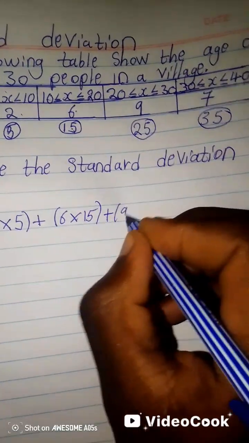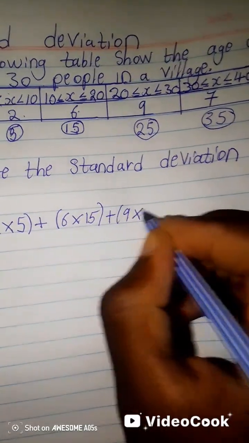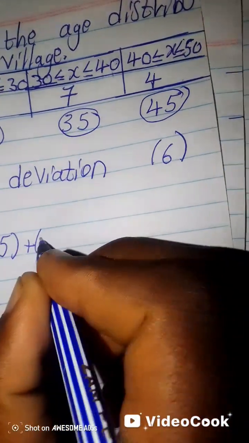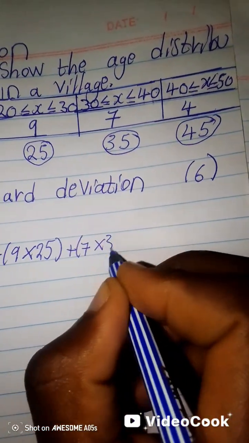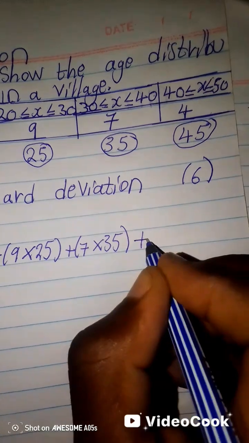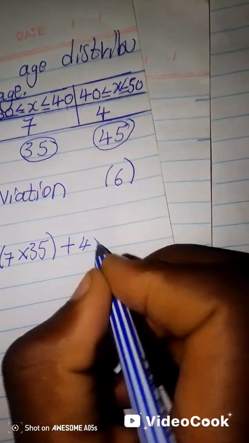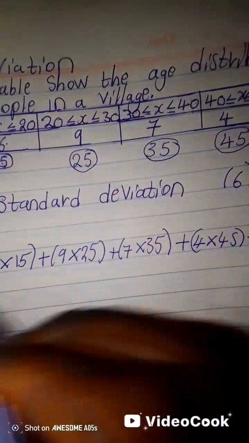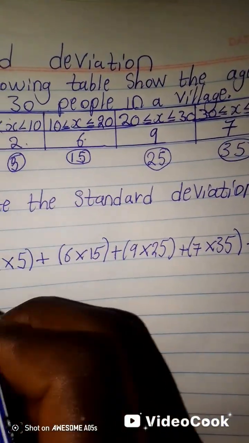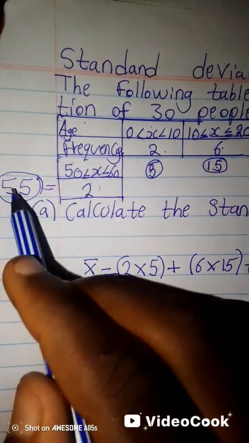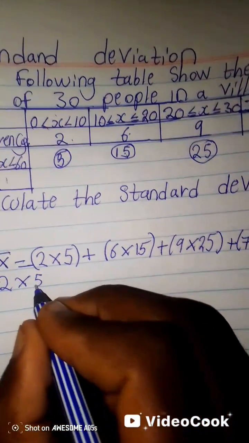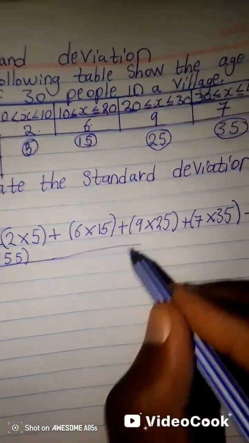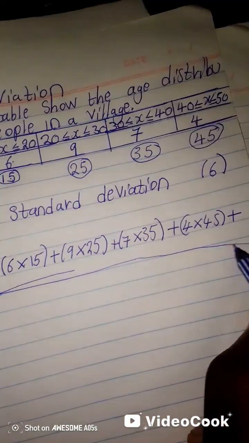Plus 9 multiplied by 25, plus 7 multiplied by 35, plus 4 multiplied by 45, plus 2 multiplied by the midpoint here, 55, over the total frequency.